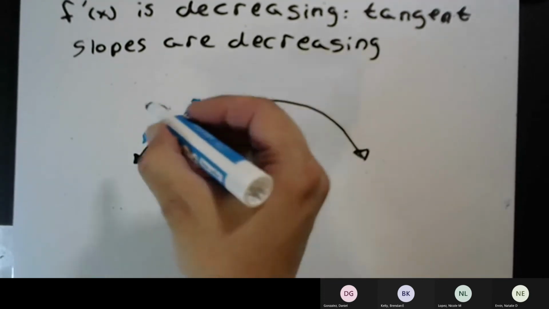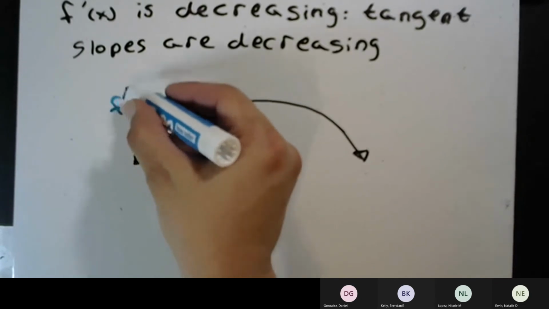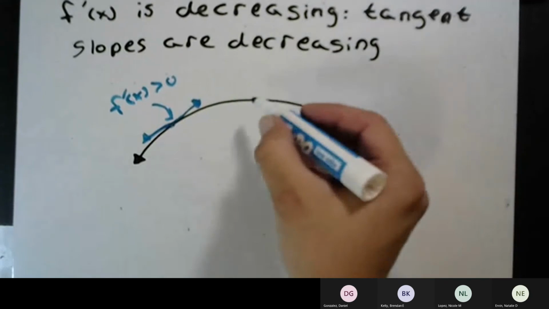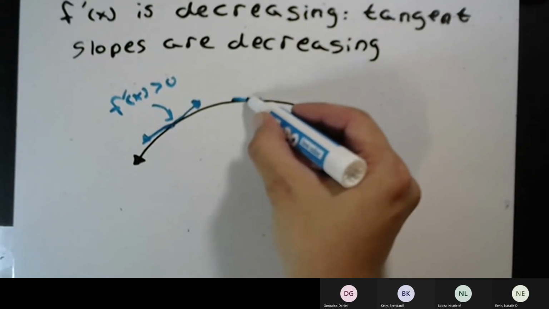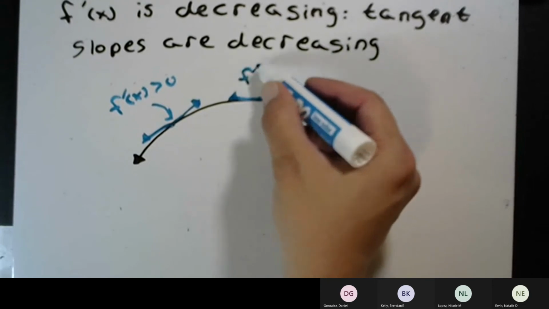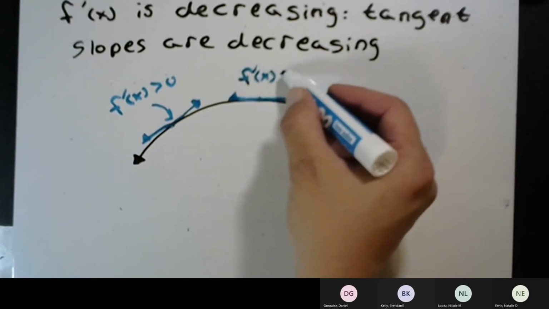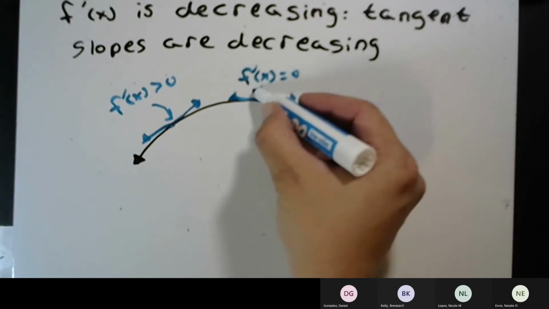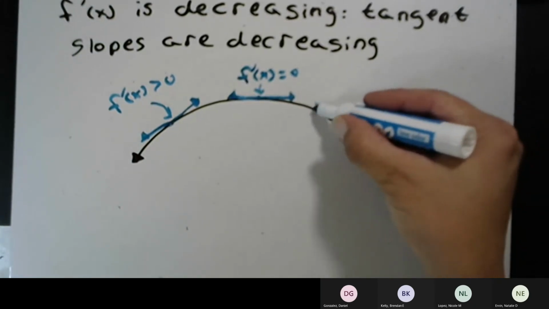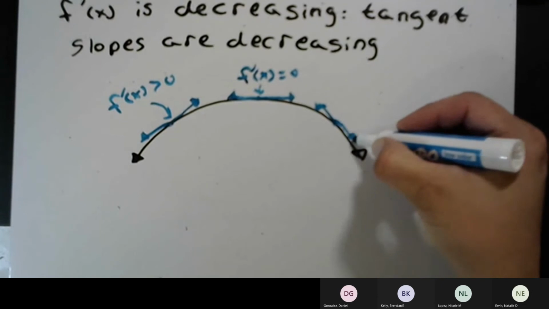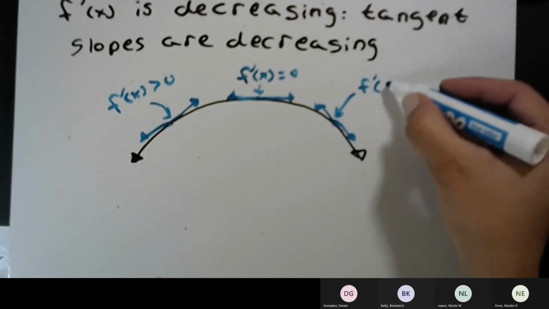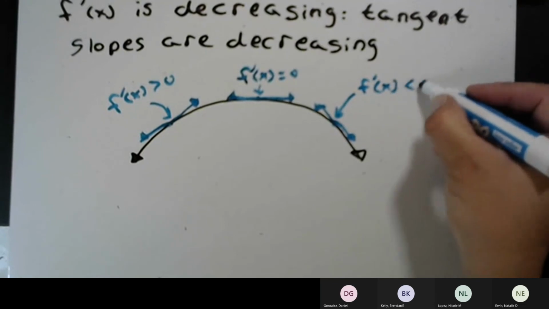Well, here, the tangent slope is positive. And here, the tangent slope is 0. And here, the tangent slope is negative.